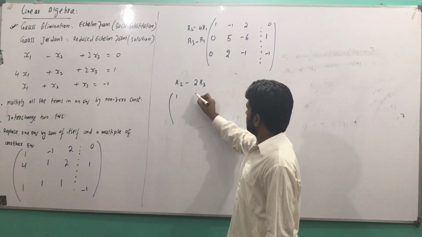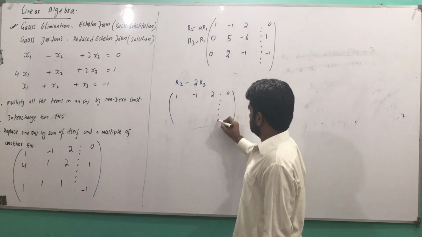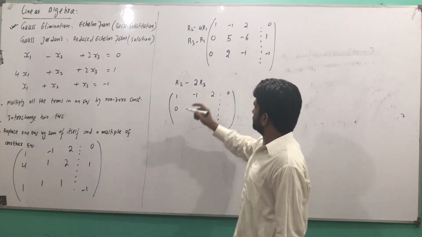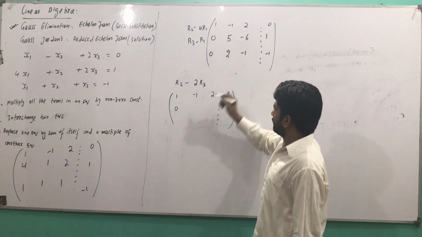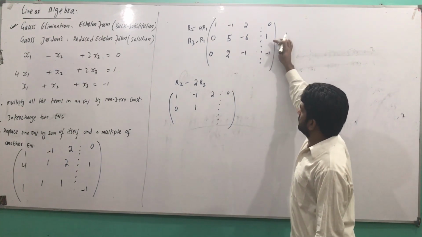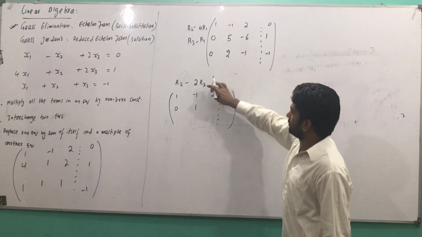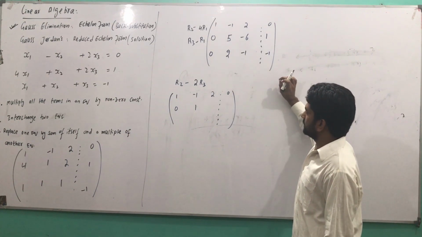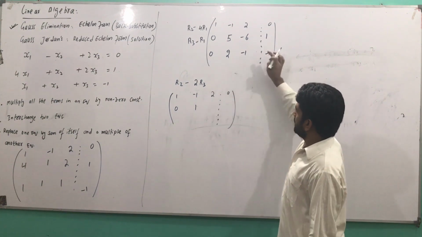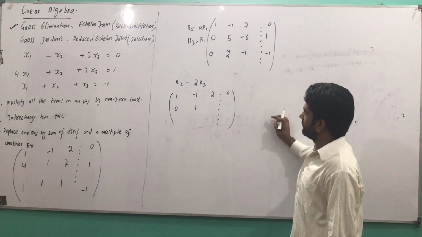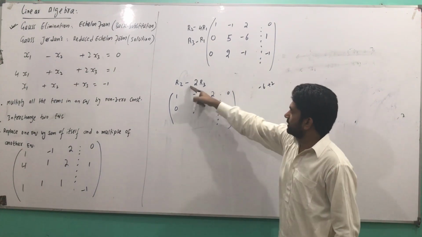1, minus 1, 2 and 0. This 0 stays as it is because 0 minus 0 is nothing. Then 5 minus 2 times 2, that is 5 minus 4, you have 1. We are doing this operation: R2 minus 2 times R3. Here we have minus 6 plus 2, because this minus and this minus will become plus.